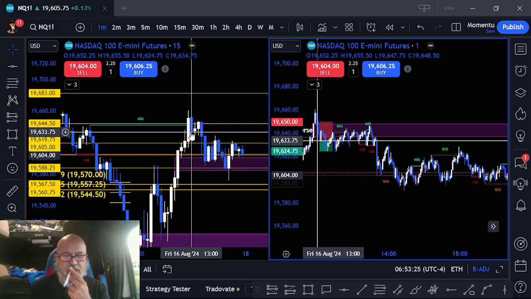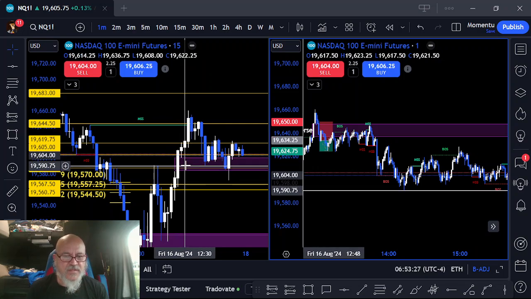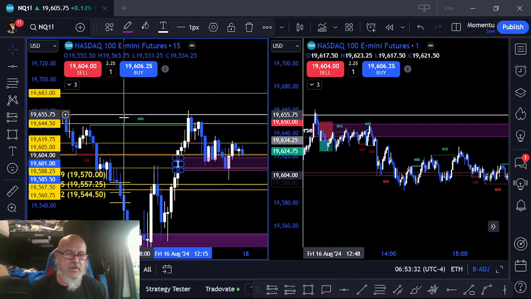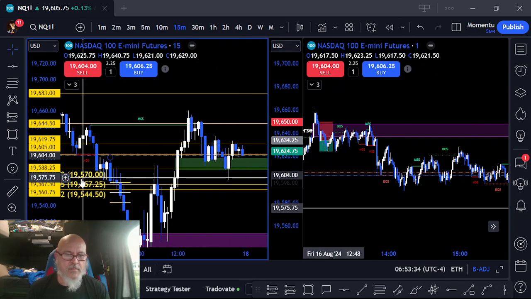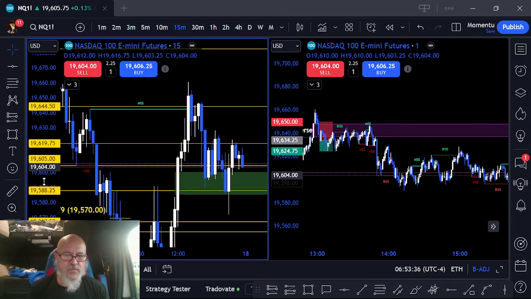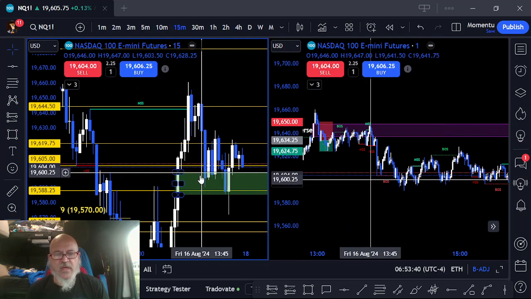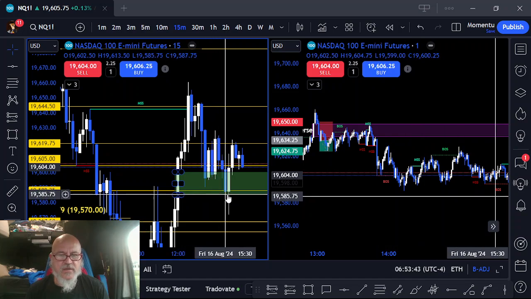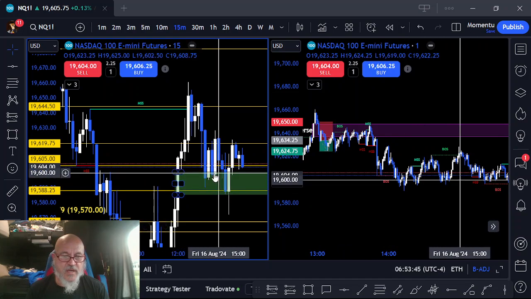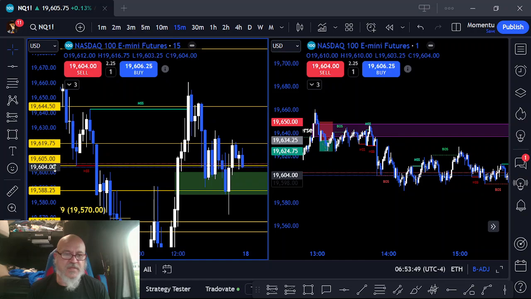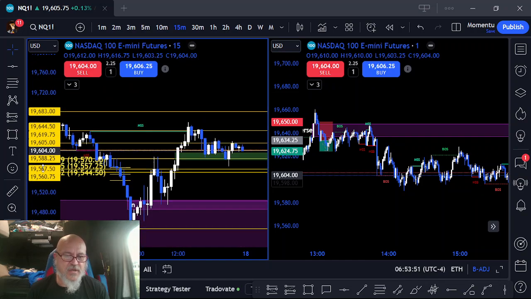When I look at the chart, this is a worry for me. It's a bull fair value gap. A couple of things have to happen. We have to come down and actually break through this fair value gap to continue lower, down to my target.